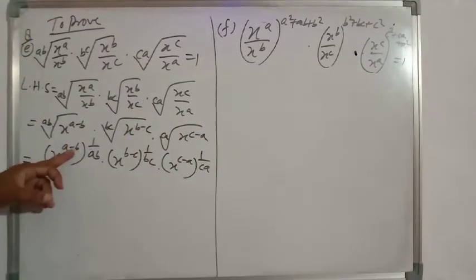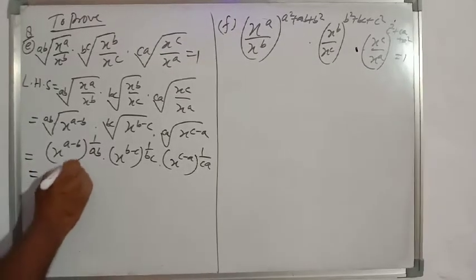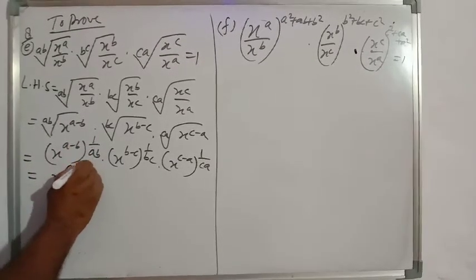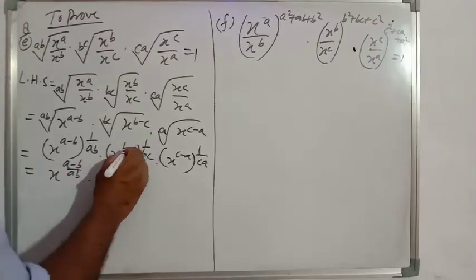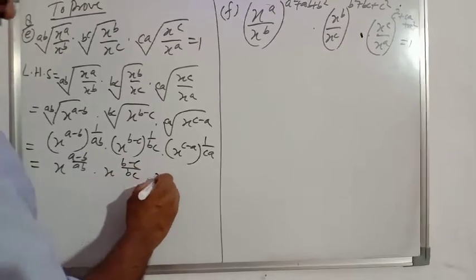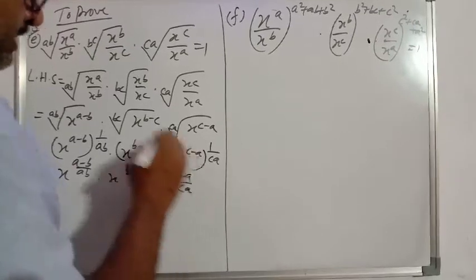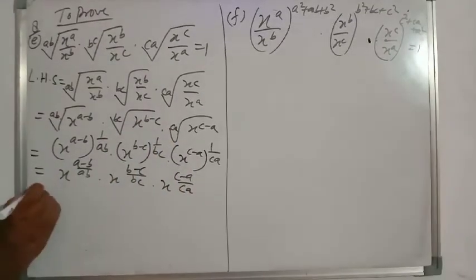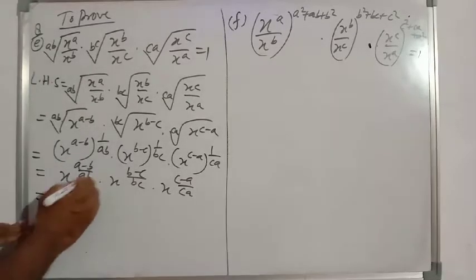We know that for power to the power, we multiply the powers. So we can write a minus b into 1 upon ab, into b minus c into 1 upon bc, c minus a into 1 upon ca. Now separate it.